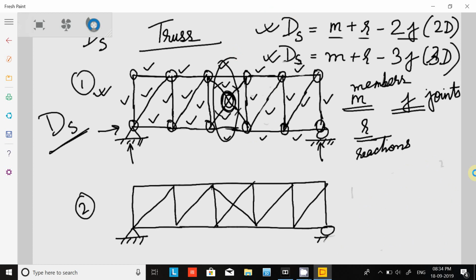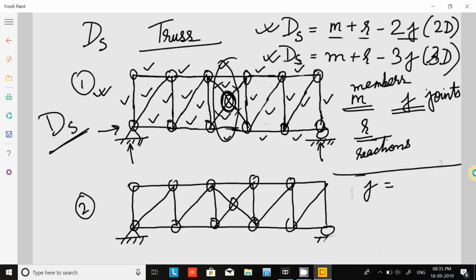Let us start with, suppose, joints. Okay, 1, 2, 3, up to 13.